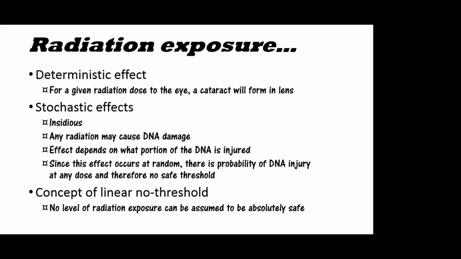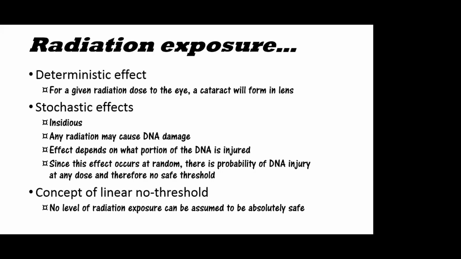Still, we don't know exactly, because nobody can do a trial. You can't take some human subjects, put radiation on them and see at how much radiation the cataract forms. Nobody can do that kind of trial.